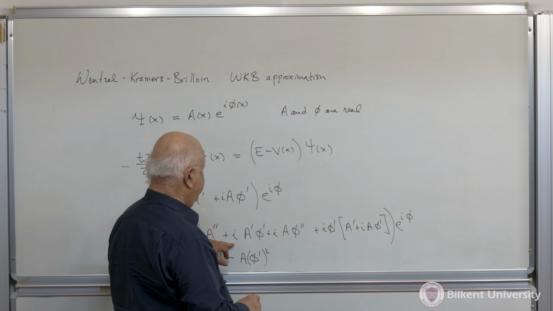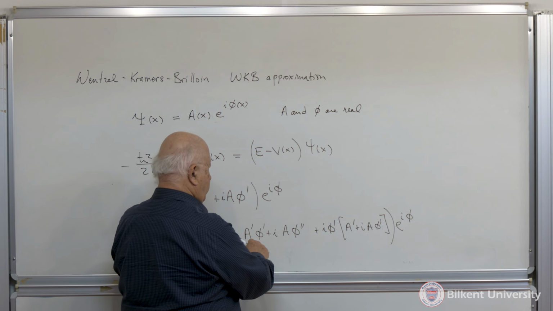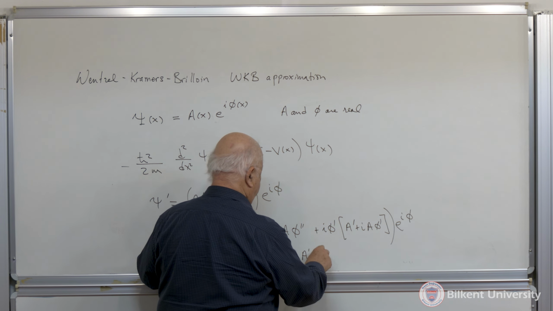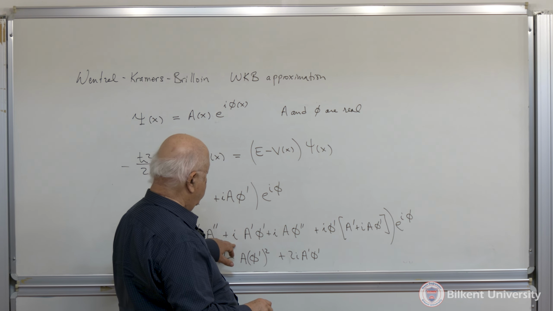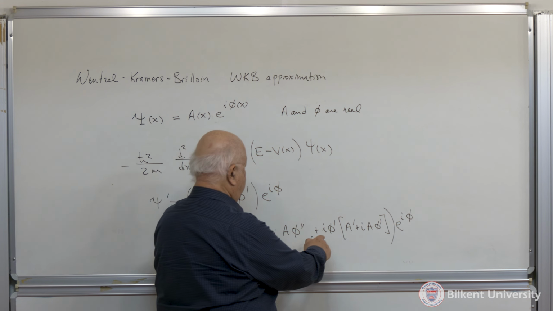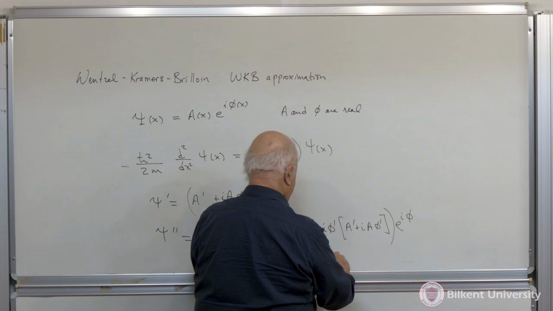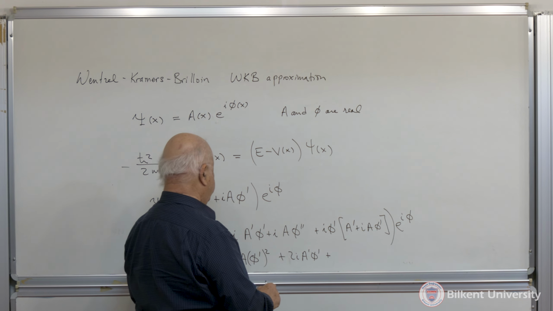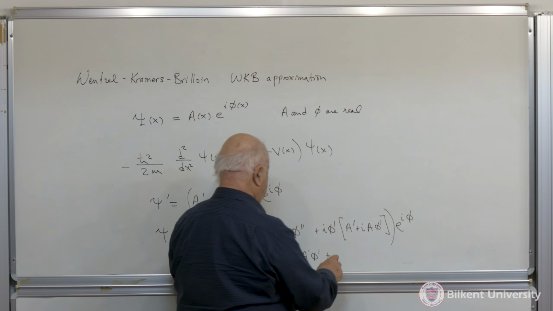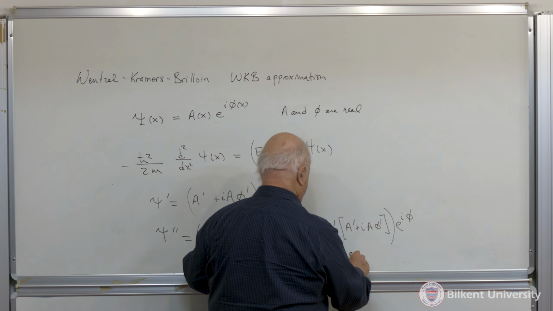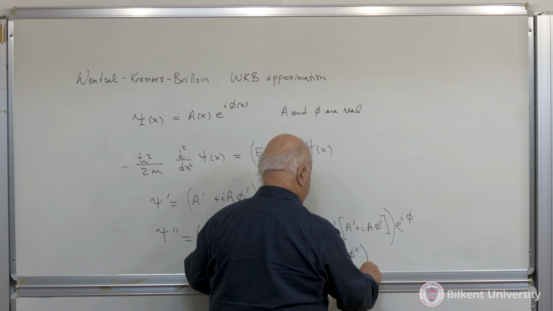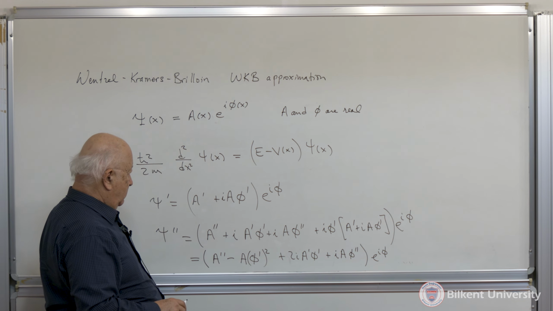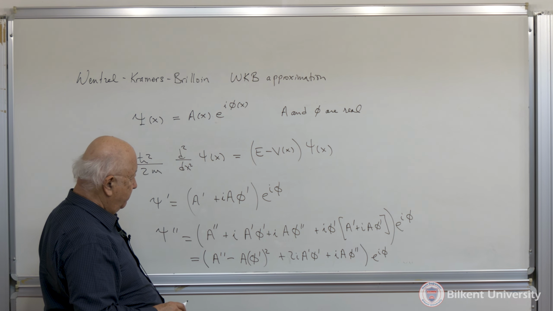And then I have the imaginary terms, which is going to be A prime phi prime. There are two of them, 2i A prime phi prime. And then I also have an i, okay, where's my other i? It's over here, right? i A phi double prime, everything multiplied by e to the i phi. Okay, please check my algebra.